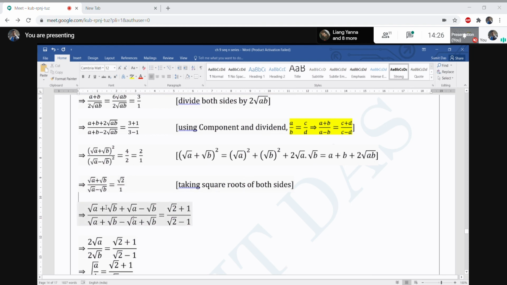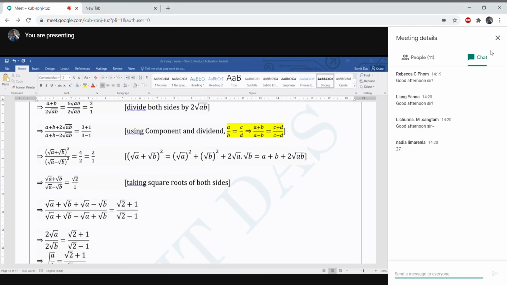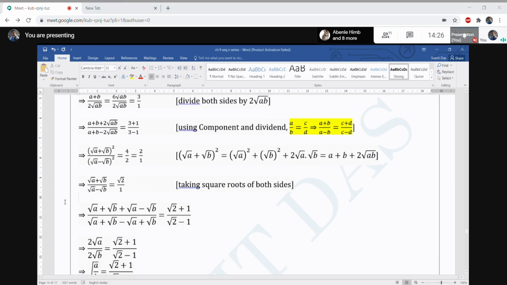After that, in this line we'll use the componendo dividendo formula again. What we're doing is numerator plus denominator divided by numerator minus denominator. We have to use this on both sides, otherwise it will not be valid. So on the left hand side we just did numerator plus denominator, and numerator minus denominator.